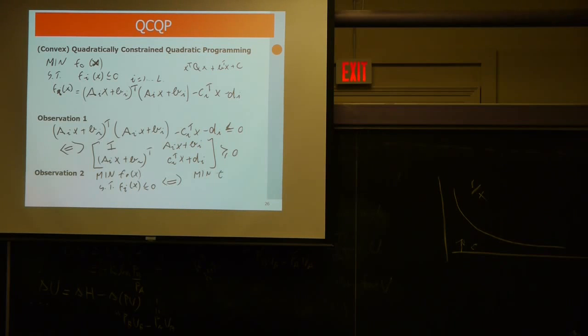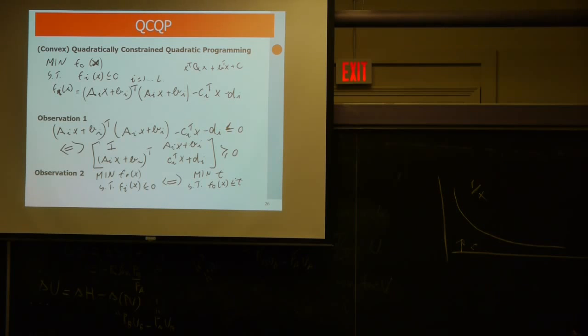So we wanted to minimize a t, say, subject to the original constraints and f0(x) smaller than t. Okay, so this is the trick for how you can rewrite convex quadratically constrained problems to SDP.